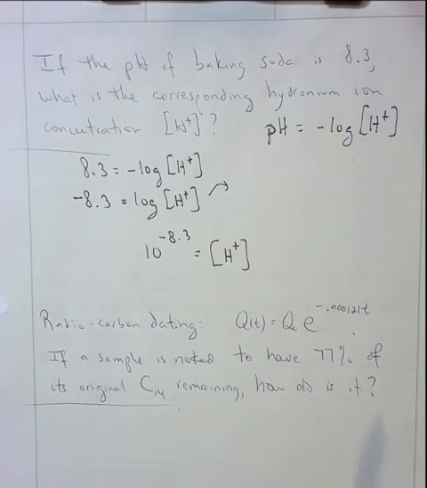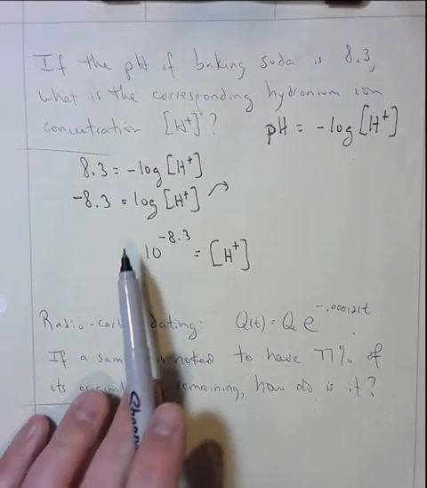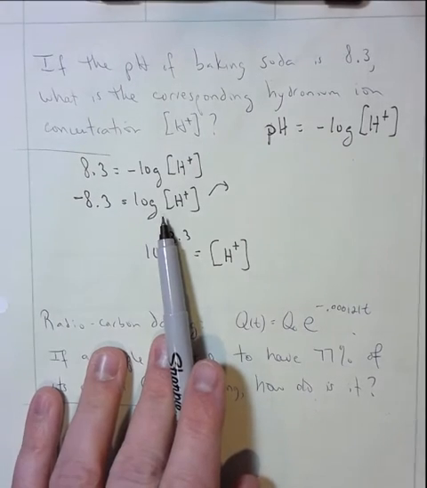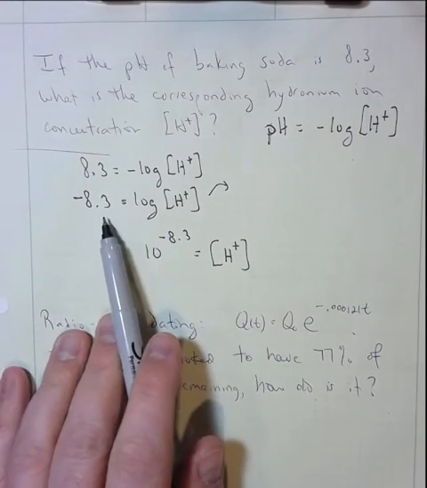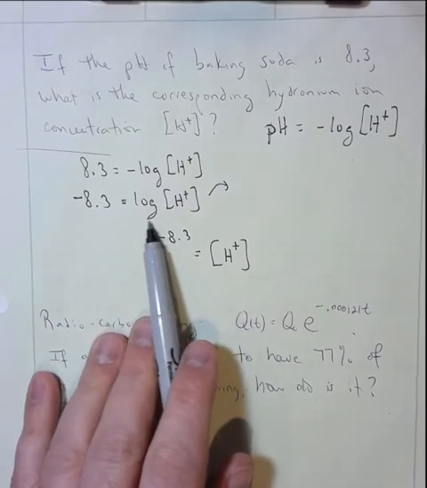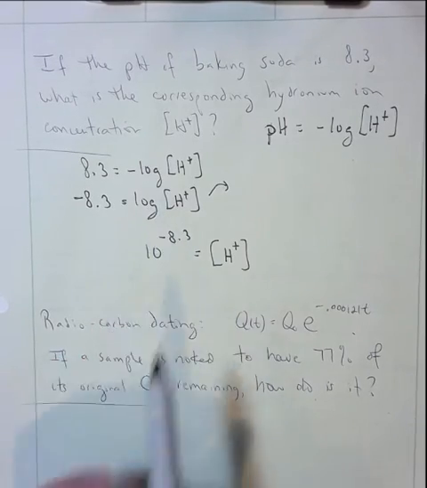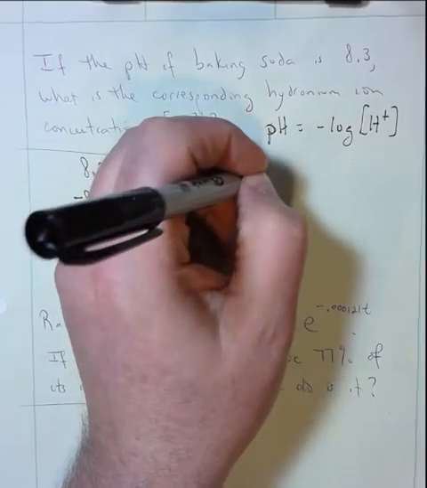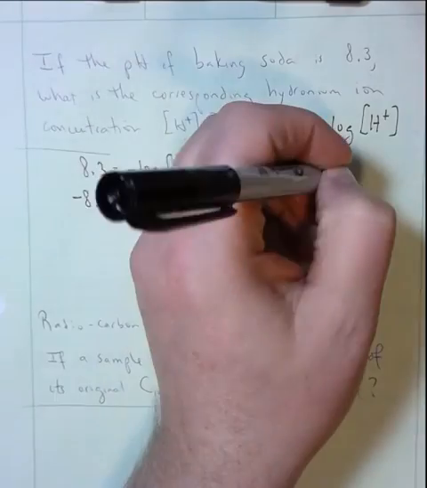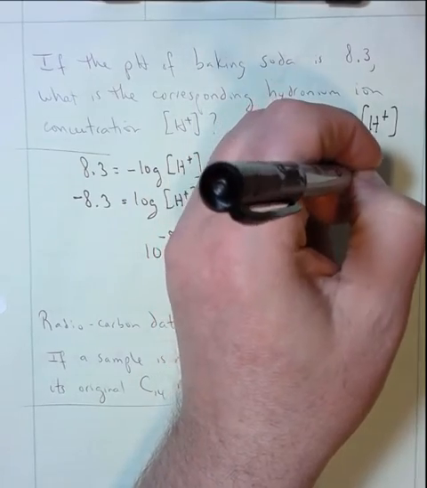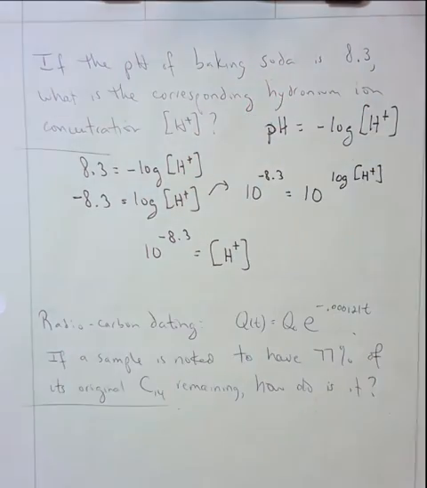Well, if a logarithm is in my way, I can get rid of it by applying its inverse function. What is the inverse of log base 10? Well, it's the exponential function with base of 10. And so just algebraically, I can say I need to eliminate this logarithm from the right-hand side, and therefore I'm going to apply the inverse function by raising both sides of my equation to 10.